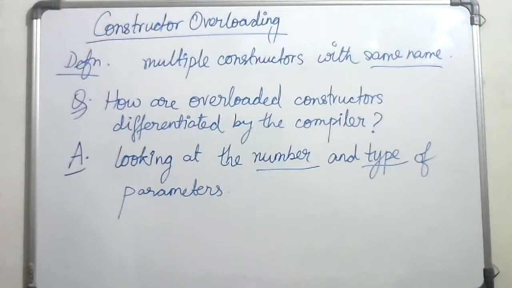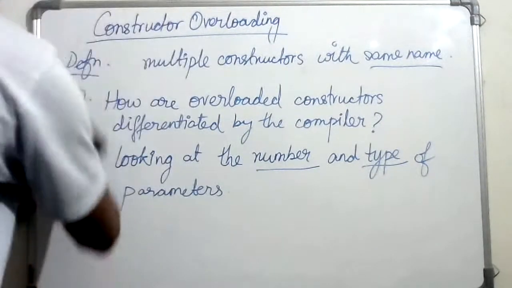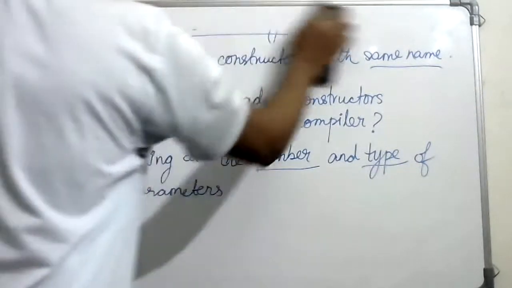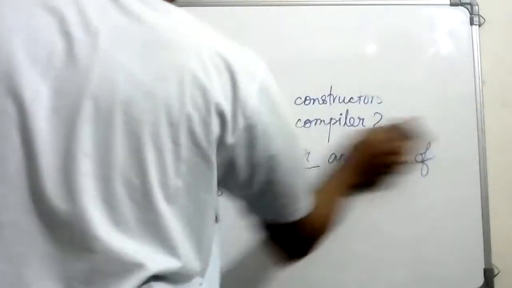So let's take an example of constructor overloading. Let's take a look at the program code example of constructor overloading.